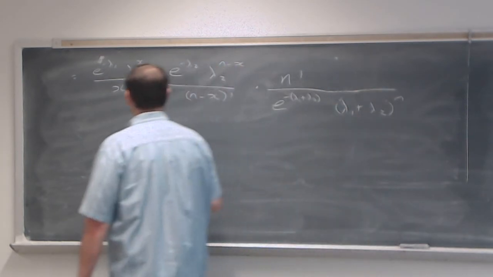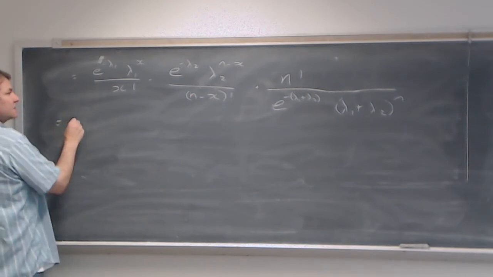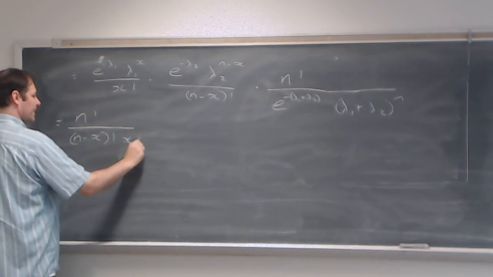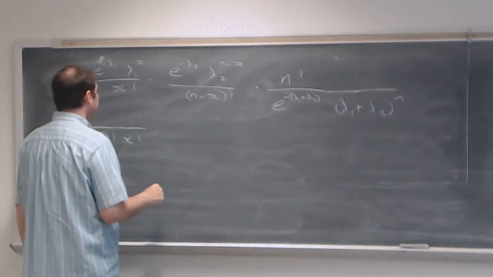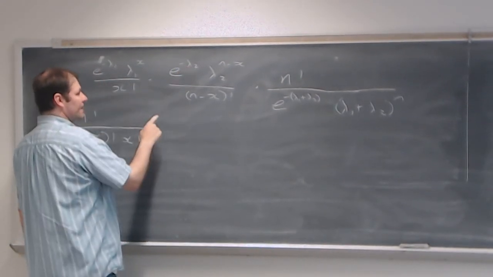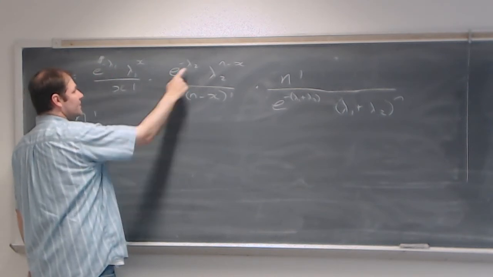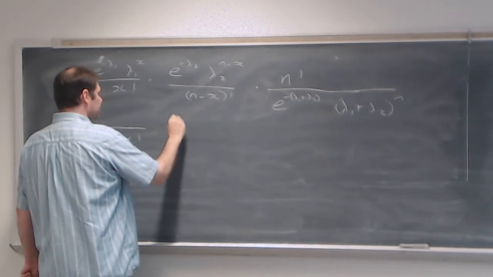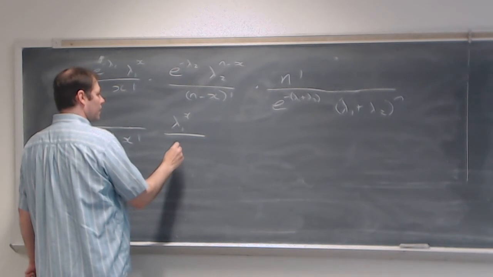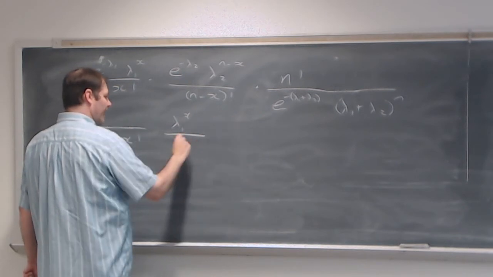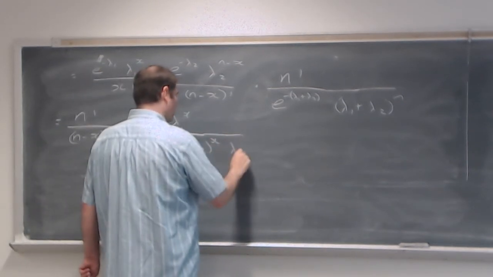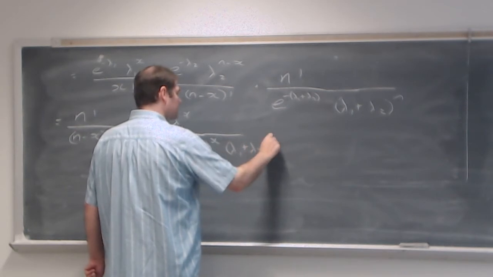And I'll rearrange things. I'll say this is n factorial over n minus x factorial, that's in the bottom. And then here we have e to the minus lambda 1, e to the minus lambda 2. They're multiplied together. That would be e to the quantity minus lambda 1 plus lambda 2, which would cancel with this guy. Then we have lambda 1 to the x over, I'll rewrite that bottom as lambda 1 plus lambda 2 to the x times lambda 1 plus lambda 2 to the n minus x.